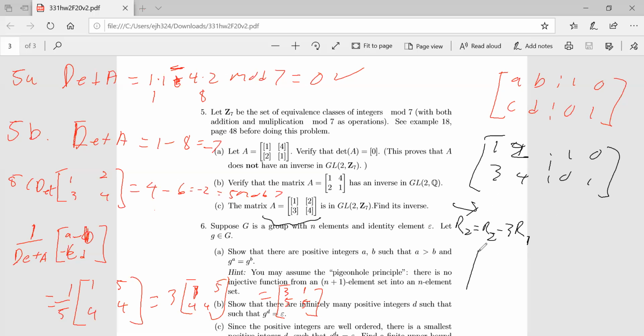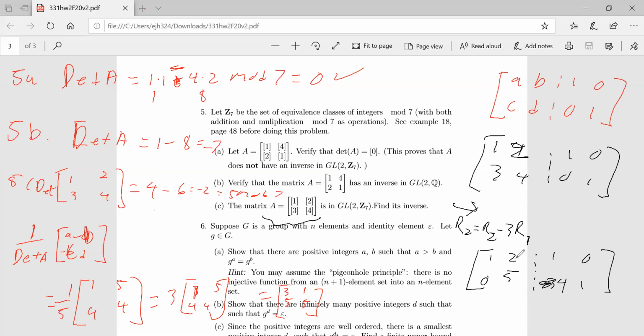That gives me 1, 2, and this becomes 0 by design, and then I get 4 minus 6, so that's -2, which is 5, right? And then I have 1, and minus 3, so that's 4, right? Then 0, 1.